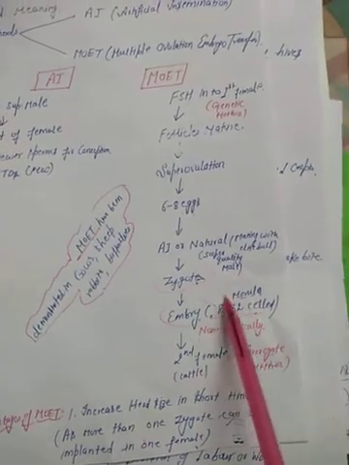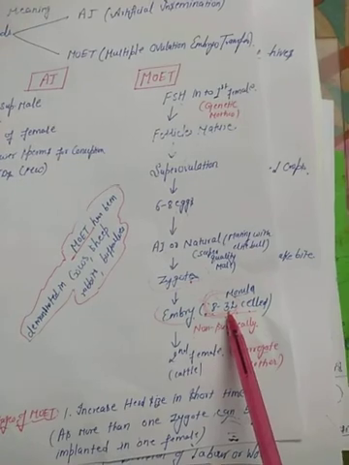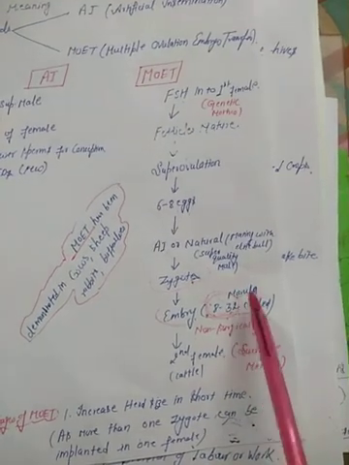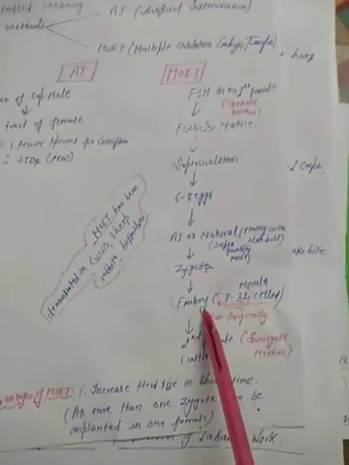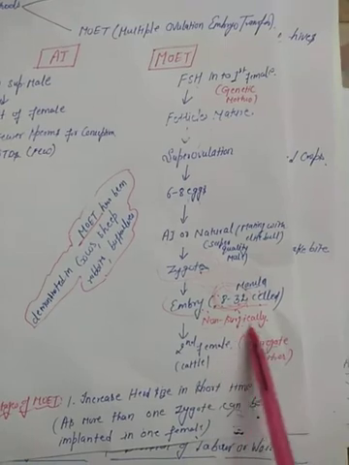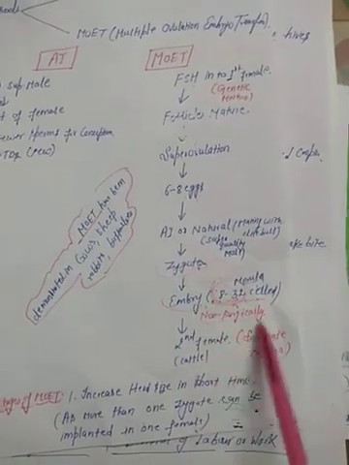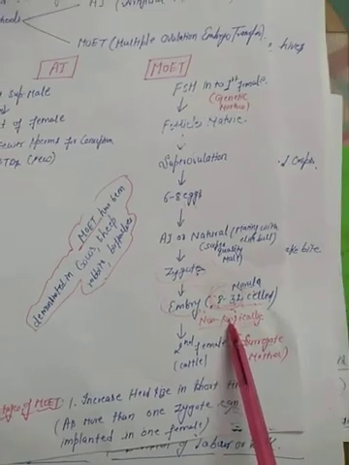But when the embryo acquires the 8 to 32 celled stage, that stage is called the morula stage in case of human beings, right? Then after this what happens? Those embryos are removed non-surgically. Non-surgically means without doing surgery.